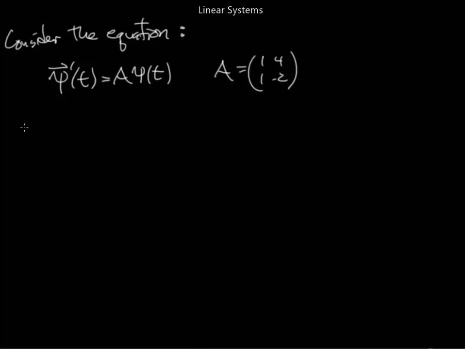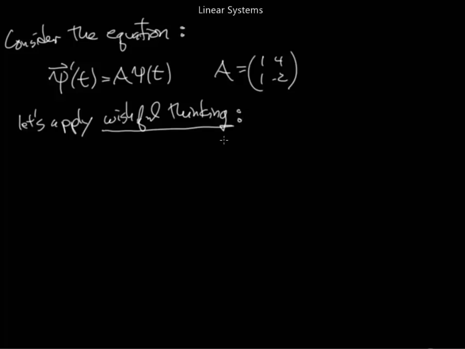Well, let's forget everything I just said, and let's apply some wishful thinking here. Let's suppose that I gave you this matrix equation and I asked you to solve it without having said anything about eigenvalues and eigenvectors. Based on the case where n is equal to 1, you might have a guess.